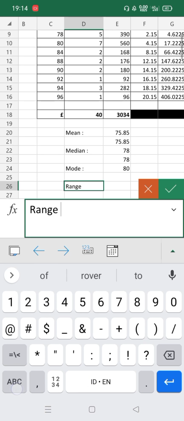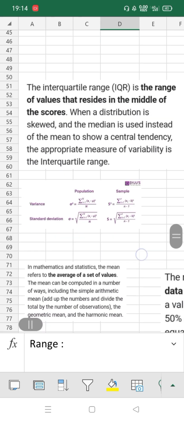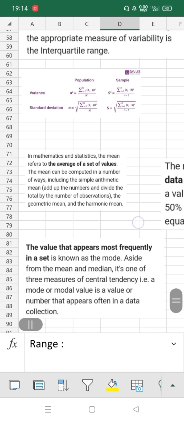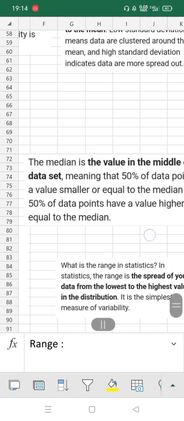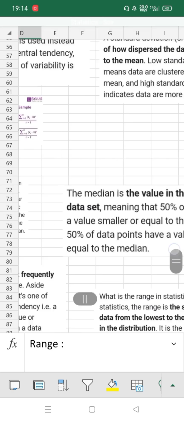Alright, since Miss Nita ordered us to find out the range, first of all we have to look for the range. For you guys who still wonder what the range is, in statistics, the range is the spread of your data from the lowest to the highest value in the distribution.